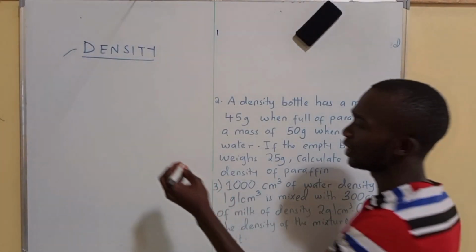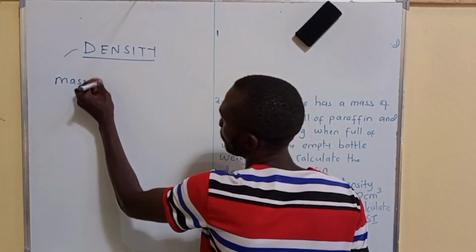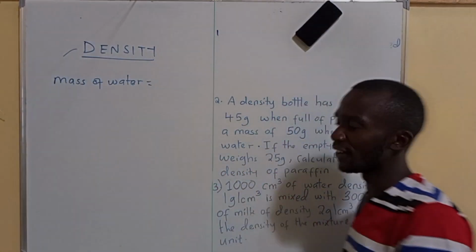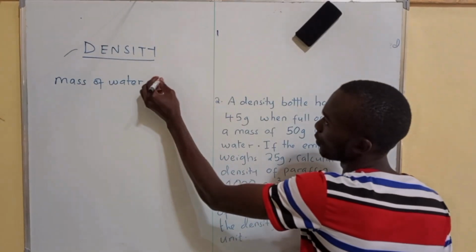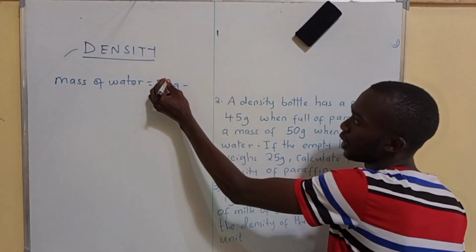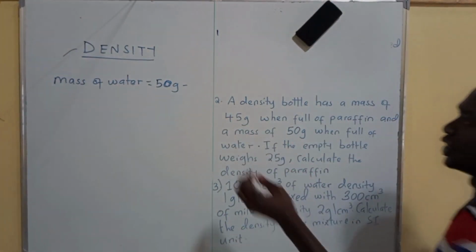Now, the mass of water is the same as the mass of the bottle plus water, which is 50 grams, minus the mass of the bottle alone, which is 25 grams.